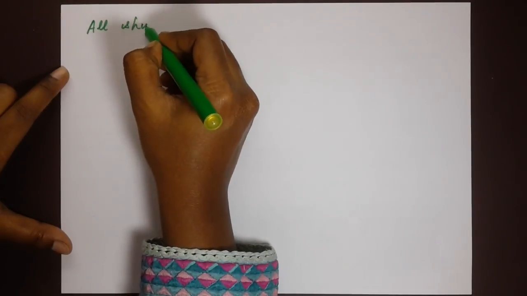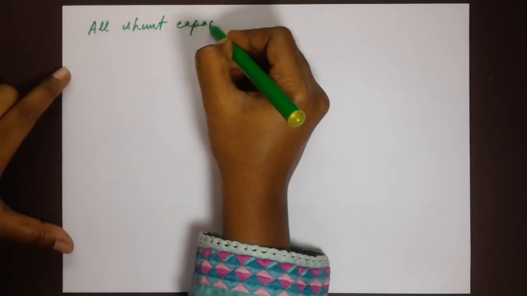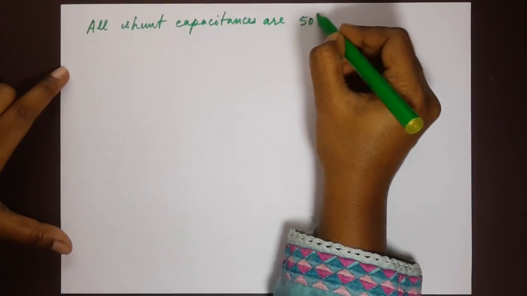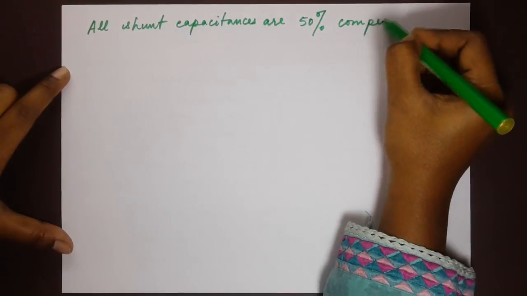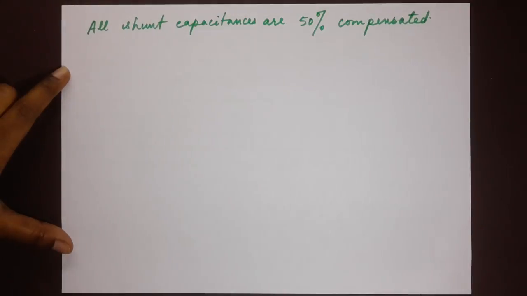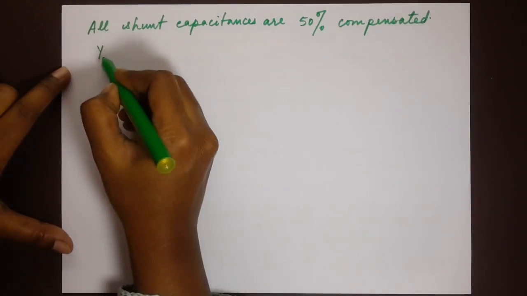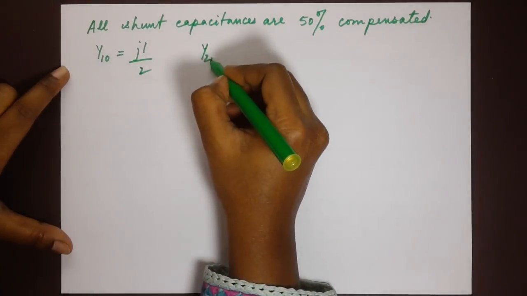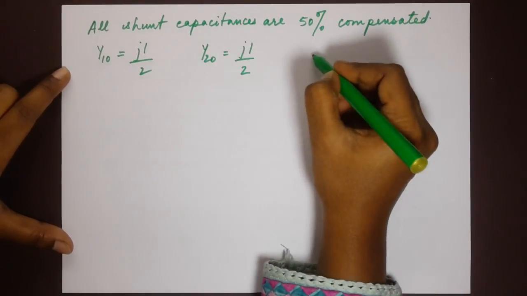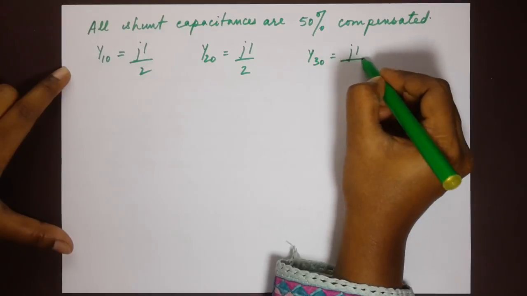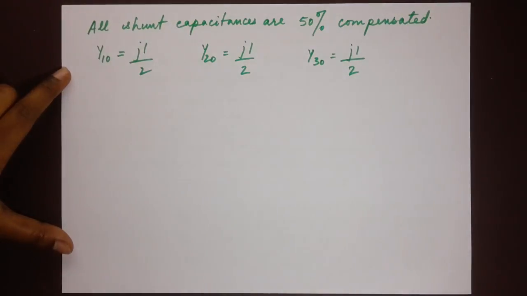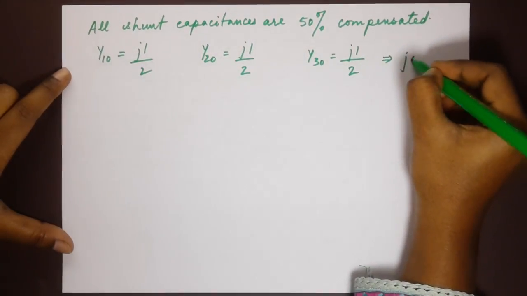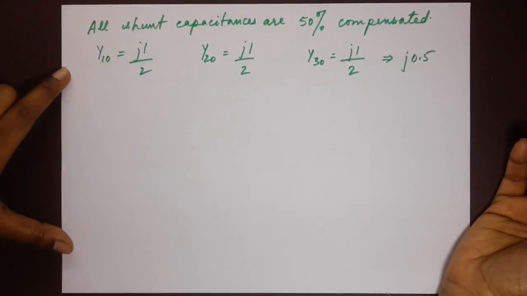All shunt capacitances are 50% compensated, meaning 50% reduced. So Y10 would now become j1 by 2, Y20 would become j1 by 2 and Y30 would become j1 by 2, reducing it by 50%. So each one of these values becomes j0.5. 1 by 2 is 0.5.